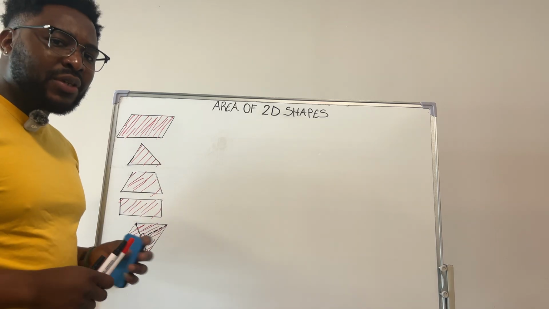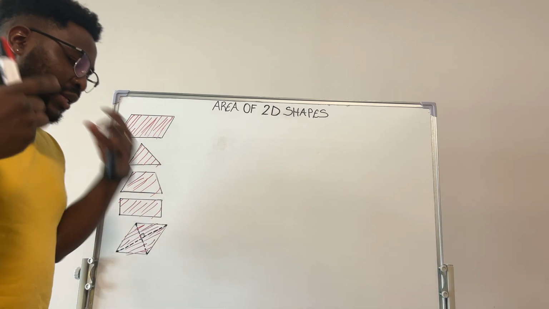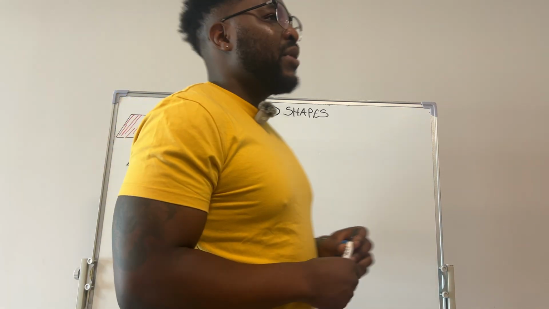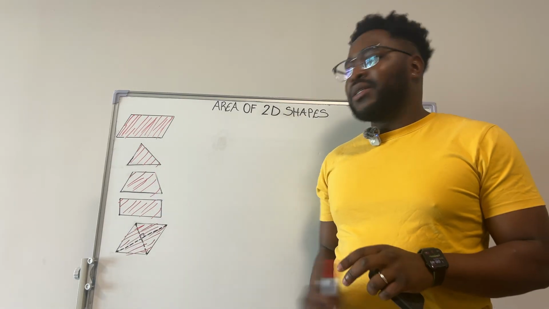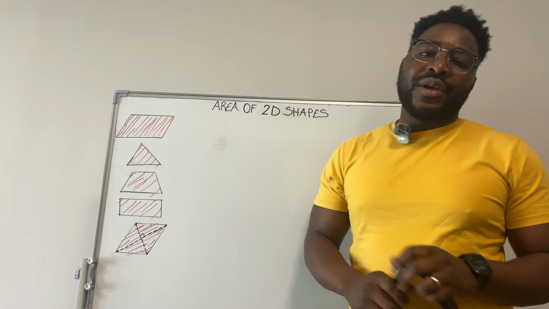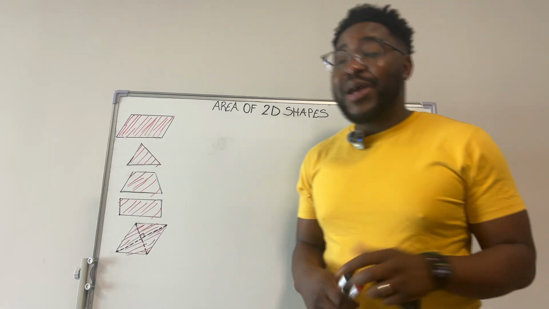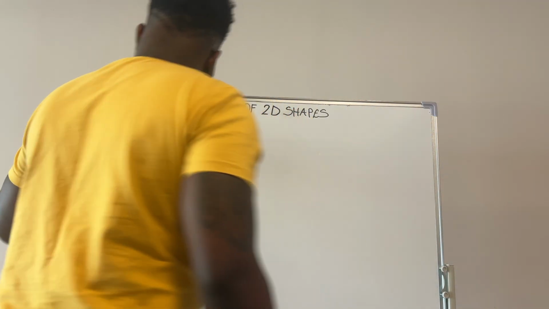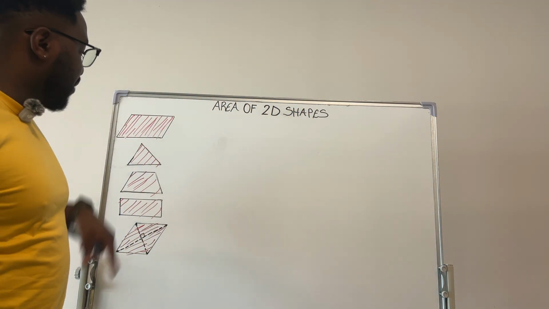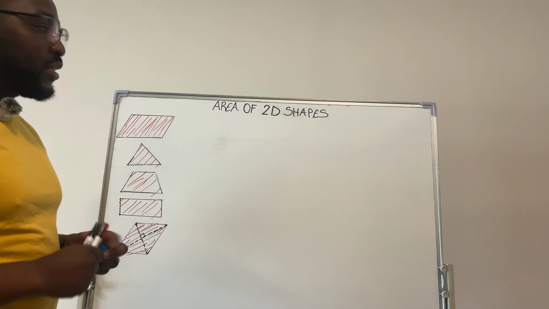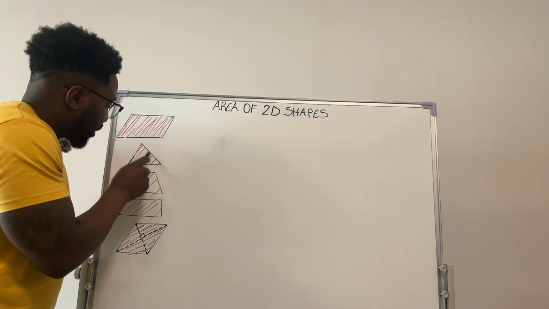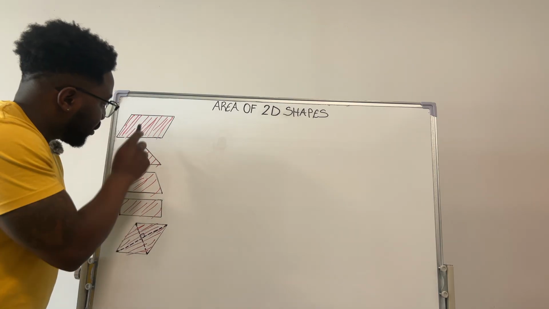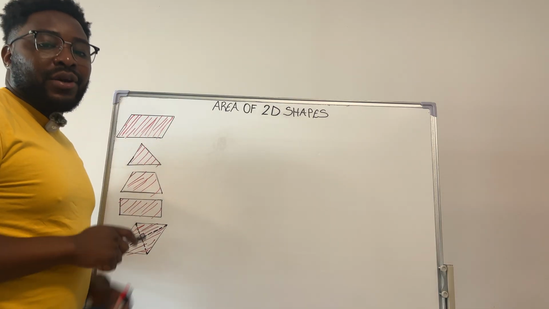They're all two-dimensional shapes. But then in our mind right now, we're asking ourselves, why has Mr. Salimata shaded the inside part of these two-dimensional shapes? Well, the reason I've shaded the inside part of these shapes is because this shaded space that you can see in all of these shapes is the area.